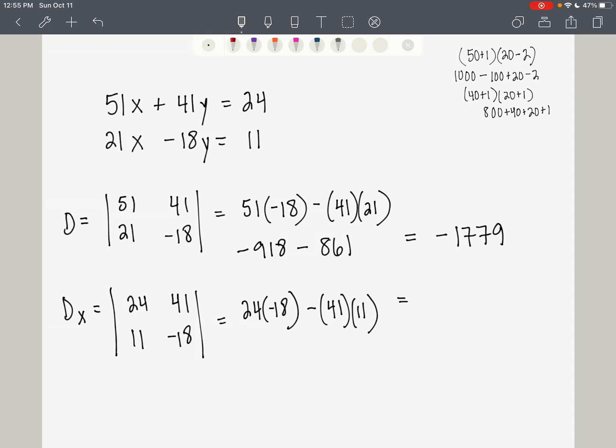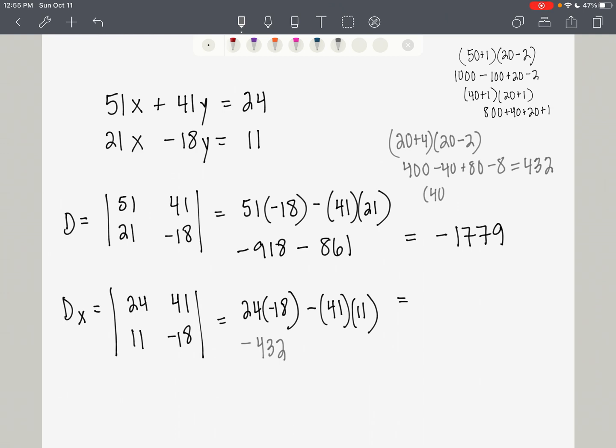And I've got 24 times 18. That's going to be 400 minus 40 plus 80 minus 8. So 440 minus 8 is 432. So that would be a negative 432.